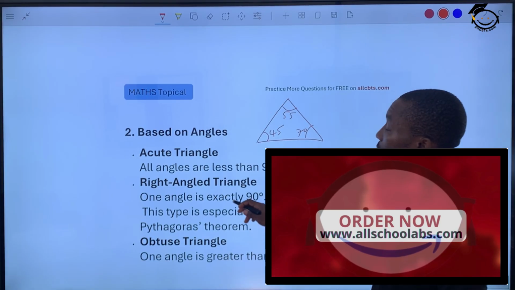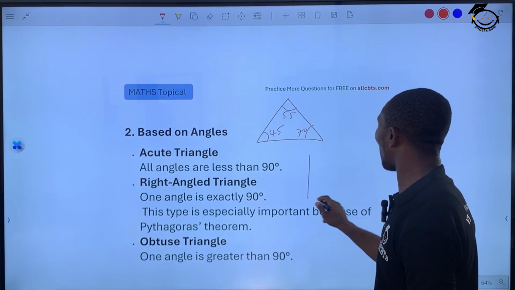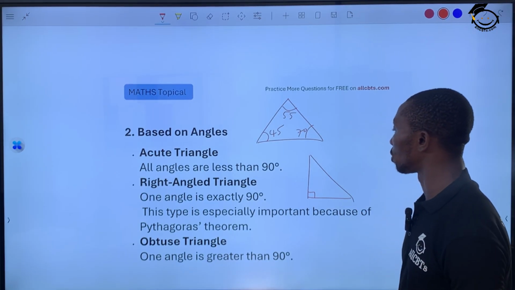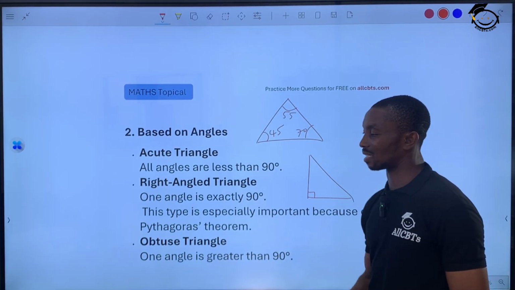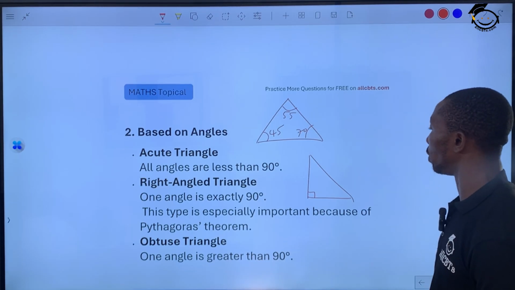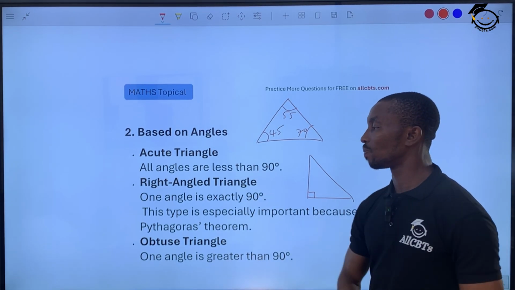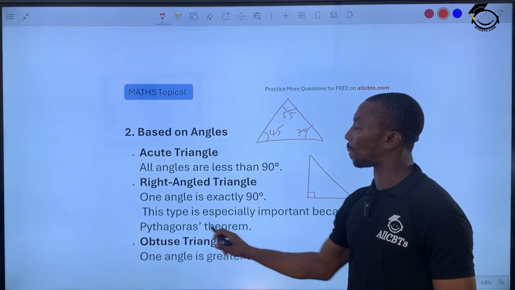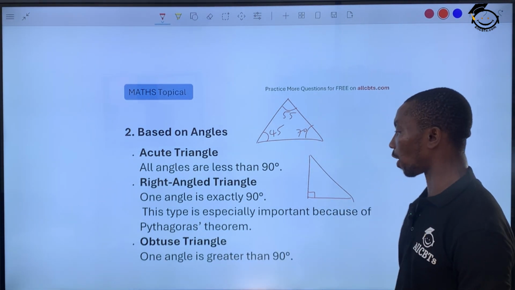Now, when we talk about a right angle triangle, one angle is at exactly 90 degrees. One angle is at exactly 90 degrees. Now, this type of triangle is important in solving Pythagoras theorem. Okay.